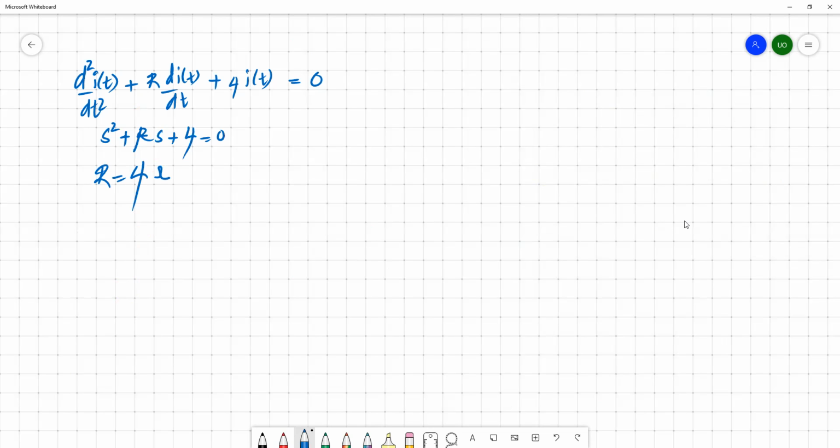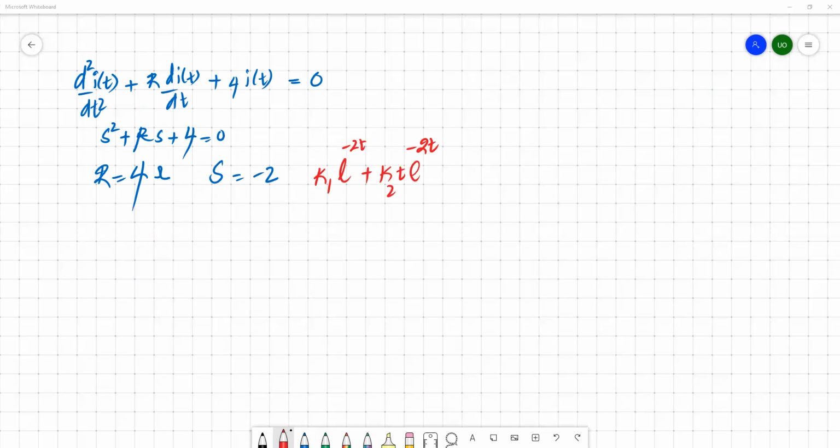Then these roots are basically -2. You will end up with a real and equal root scenario. Then the response would be k1 e to the power -2t plus k2 t e to the power -2t. This is the response for this.